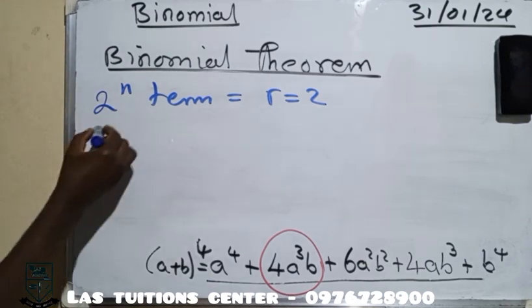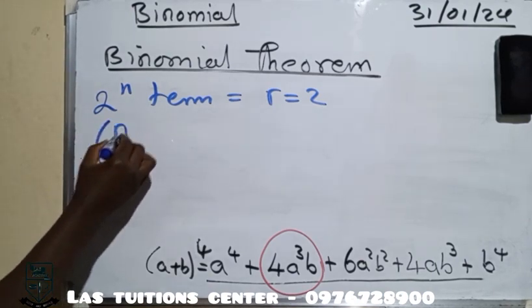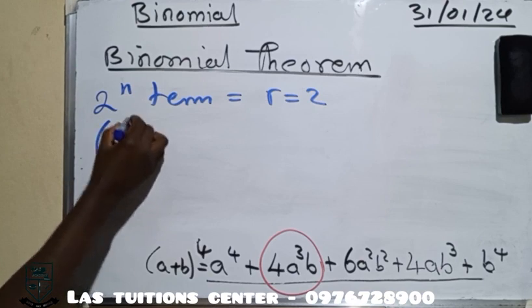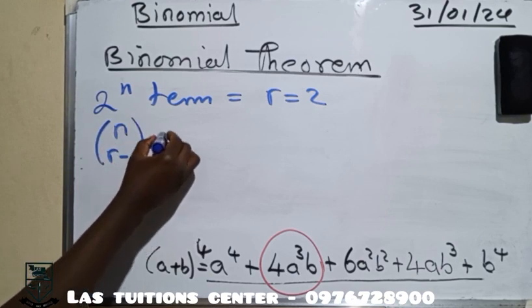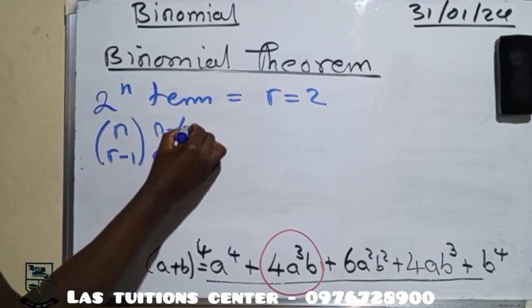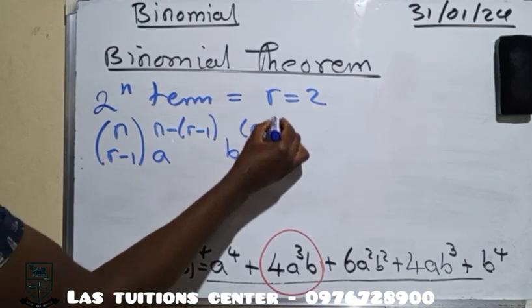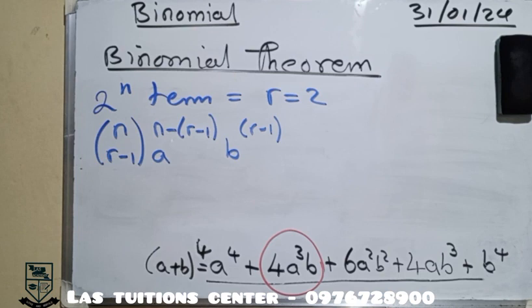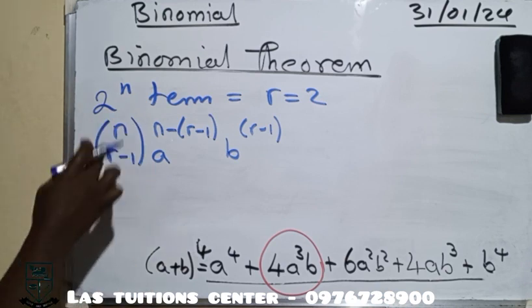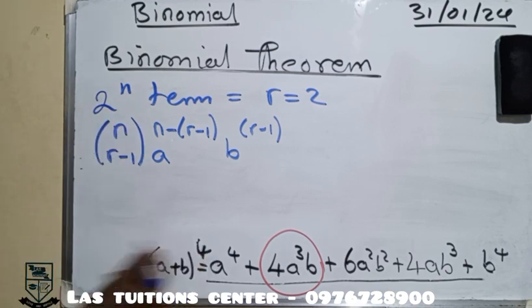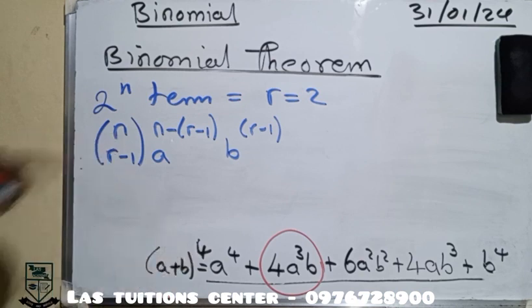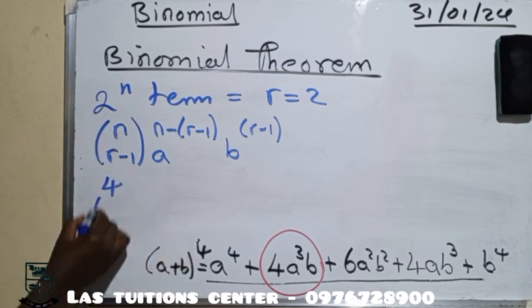So we have our formula: n choose r minus 1, then a to the power n minus r minus 1, then b to the power r minus 1. Here we already have r, because we are told to find the second term. The expansion is a plus b to the power 4, so n is 4, and r is 2.